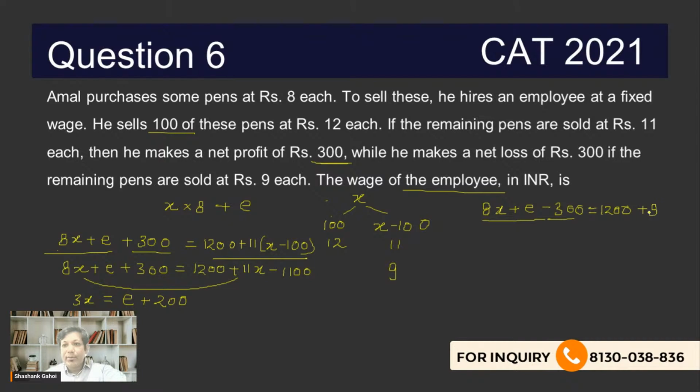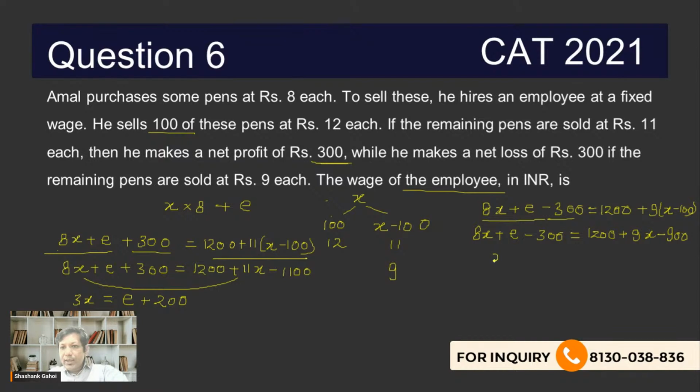So it is 8x plus E minus 300 equal to 1200 plus 9x minus 900. So this is the equation that we get.